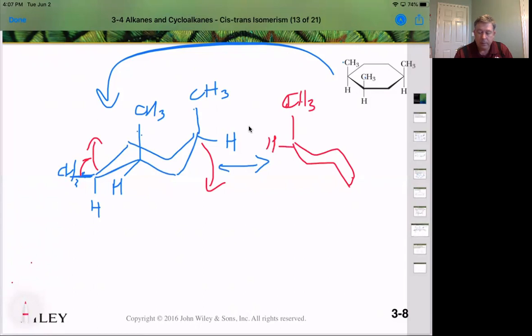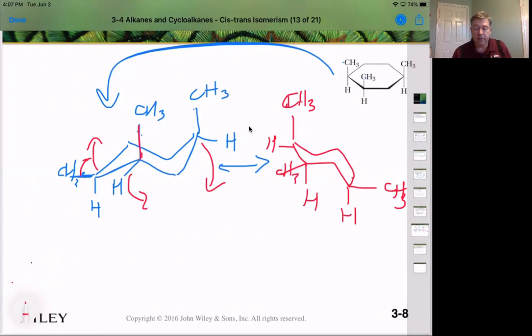This methyl group was in the axial position, so now it's flipped to the equatorial position. And this one was in the axial position. And so it is now still on the same side with the hydrogen, but that turns it into an equatorial position, and that hydrogen is now moved down to the axial position.